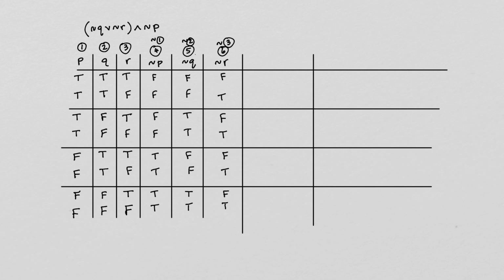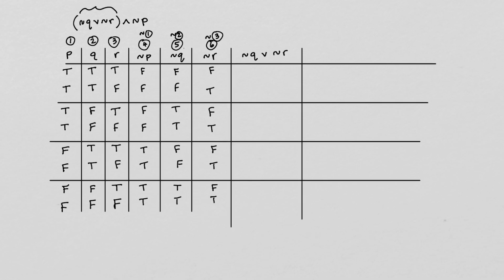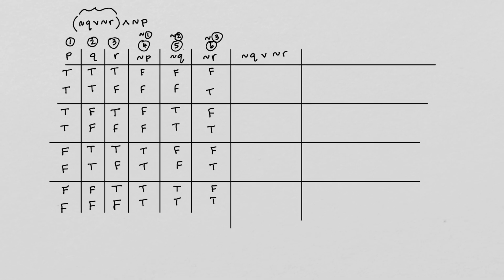And now I am ready to do what's inside the parentheses here. So this is going to be negation Q or negation R, and that is column 5 or column 6.